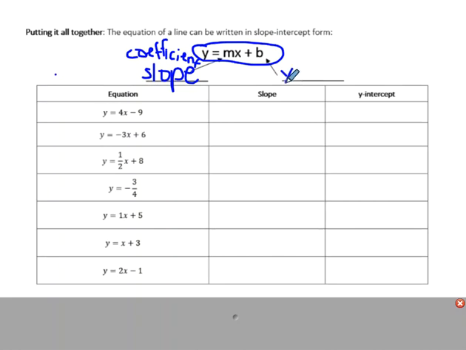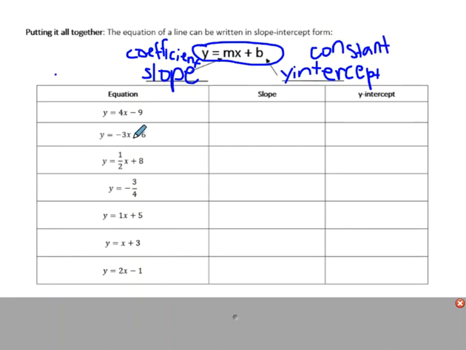B is your y-intercept, which we already discussed. It's where the line crosses the y-axis. All y-intercept ordered pairs are (0, whatever number it crosses the y-axis at). And if we think back to our vocabulary, that is the constant.